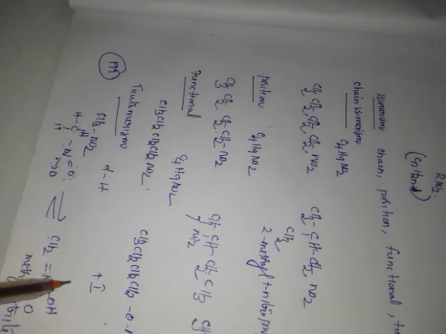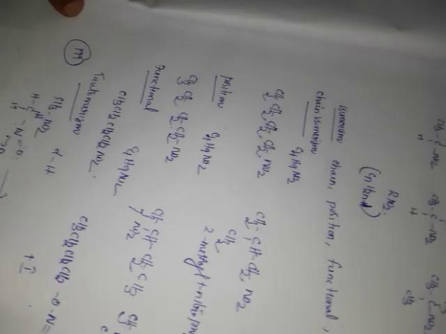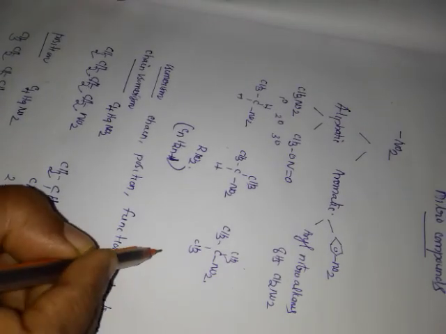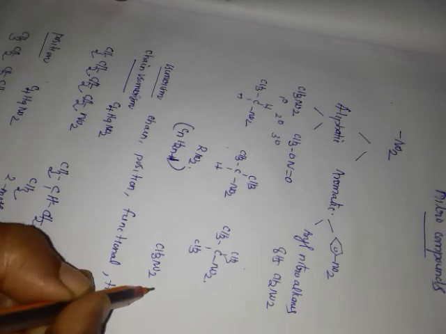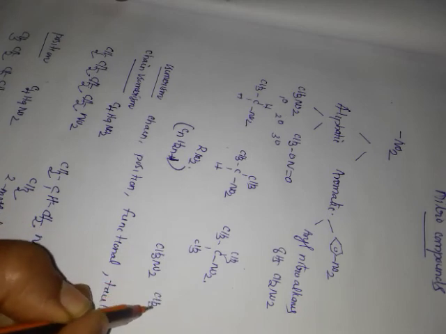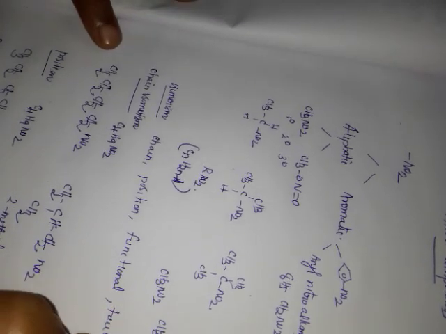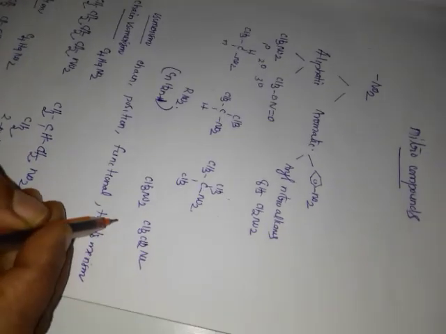Already I explained this in the last video: what is the plus I effect, what is the minus I effect. So I am giving an example. See here, this is nitromethane. This is nitroethane.